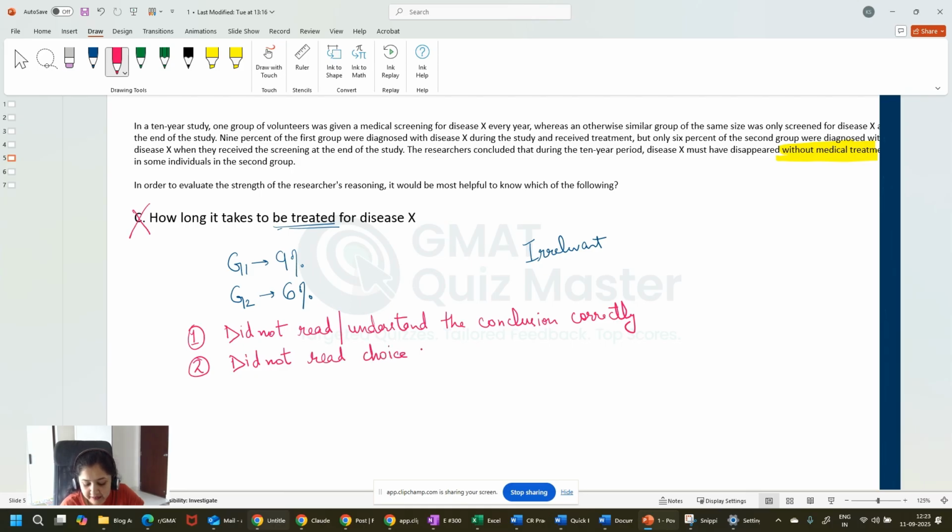You thought that it is talking about the duration required for disease X to disappear without treatment. So, in that case, even after understanding the passage, because you did not read choice C correctly, you ended up marking the incorrect answer choice. So, you have to be careful while reading the answer choices as well.